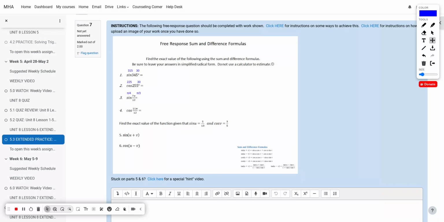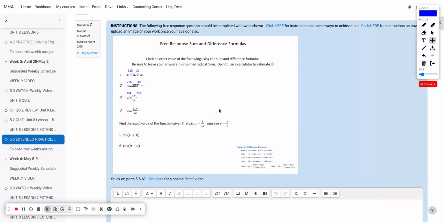If I get 135, which is 3 pi fourths, multiply both sides by 3, I get 9 pi twelfths. And then if I get 30, which is pi sixths, and multiply that by 2, then I get 2 pi twelfths. Put those together, I get the 11 pi twelfths.